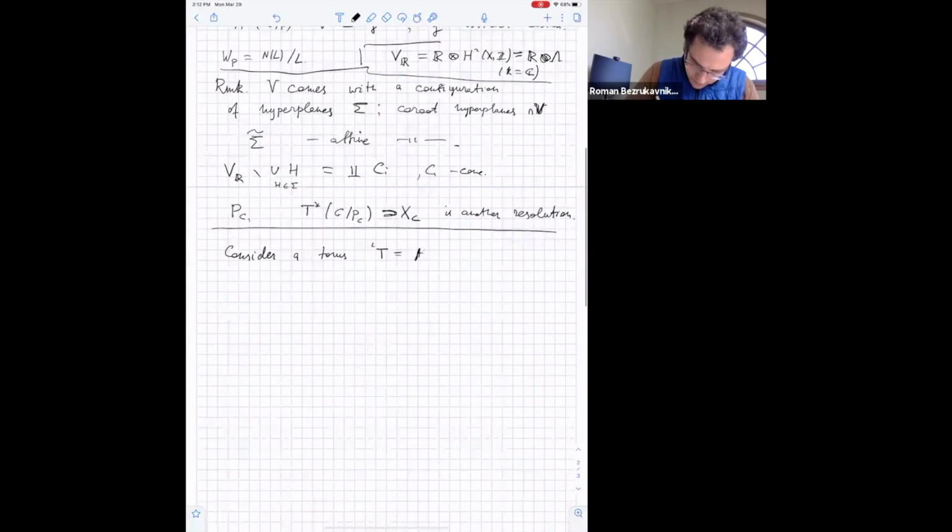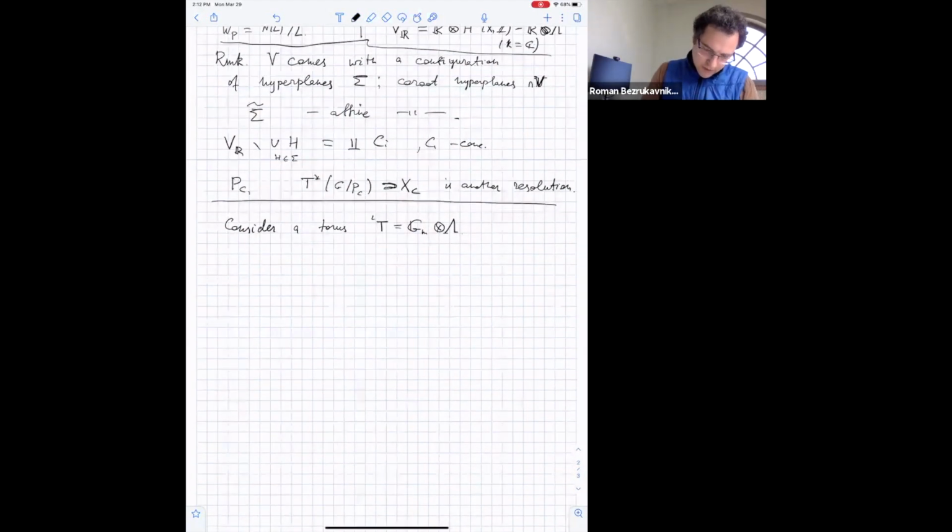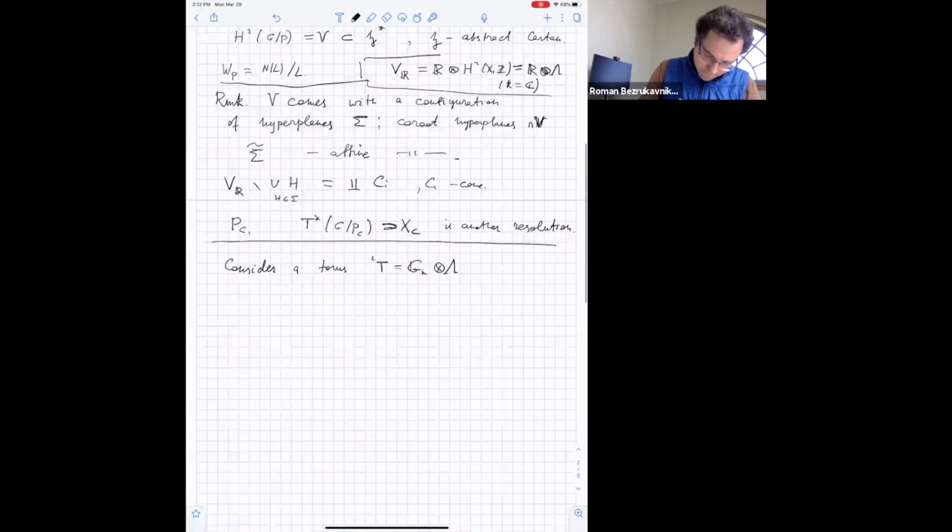So this is G_m times the lattice lambda. And there are two things I want to say about this. First of all, sigma tilde defines a finite collection of codimension 1 subtori.